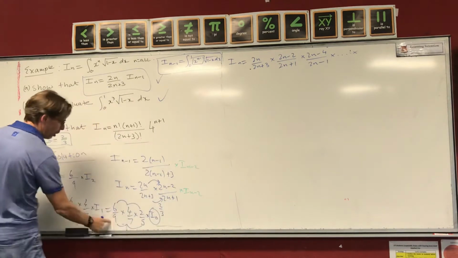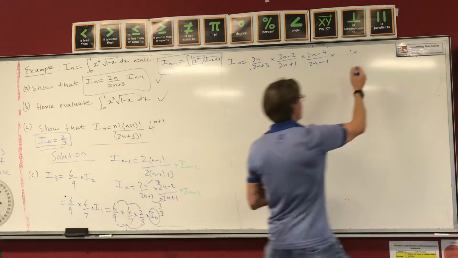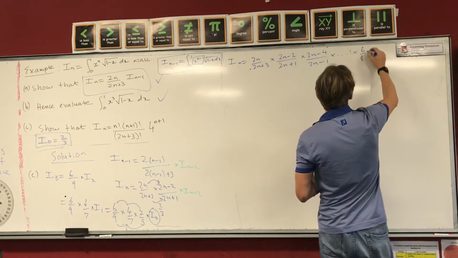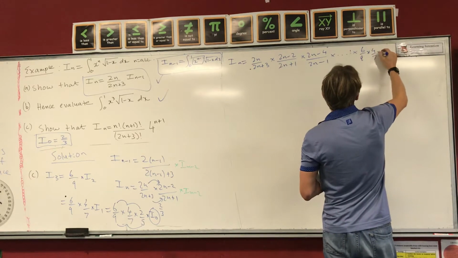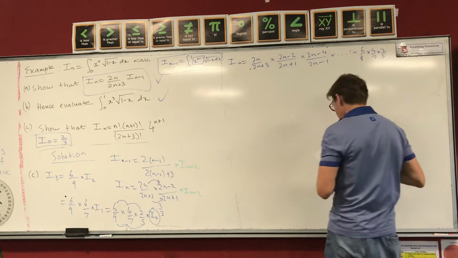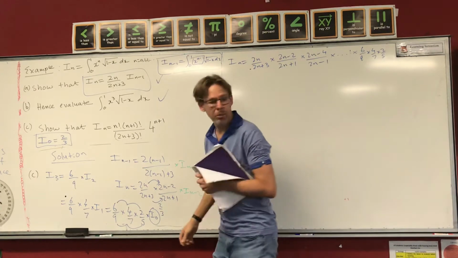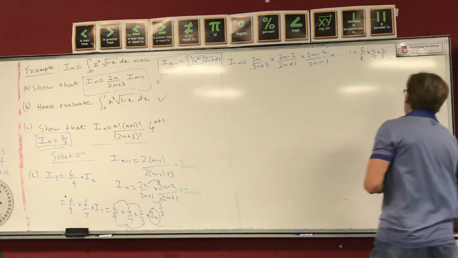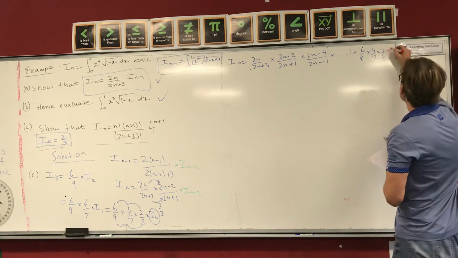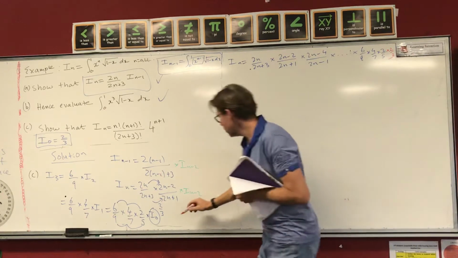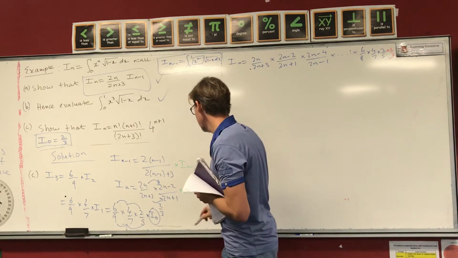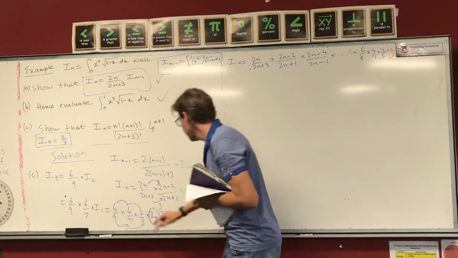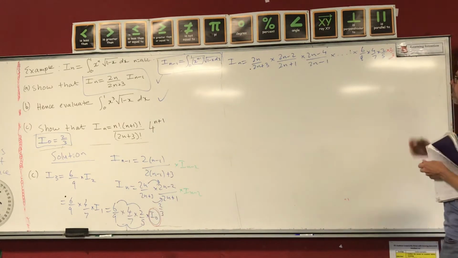We get 6 over 9, 4 over 7, 2 over 5. So it goes all the way down to 6 over 9 times 4 over 7 times 2 over 5. And on the end, you've got 2/3, which is your I0 here.